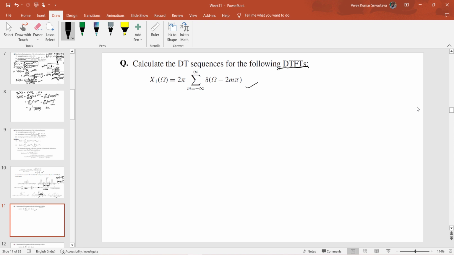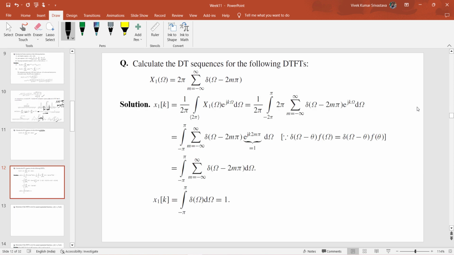x1[k] is written as 1 over 2 pi integral of X1 of omega into e raised to the power j k omega d omega.